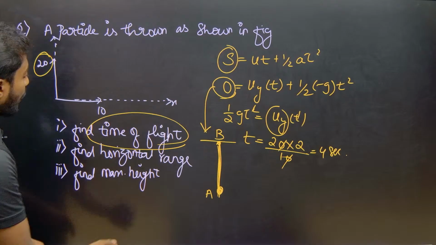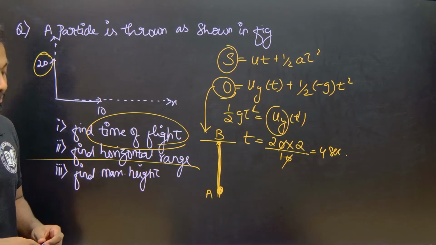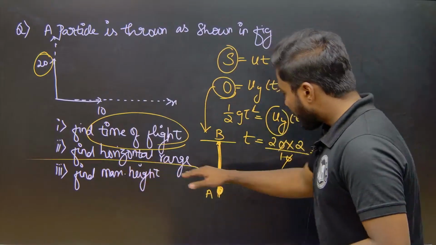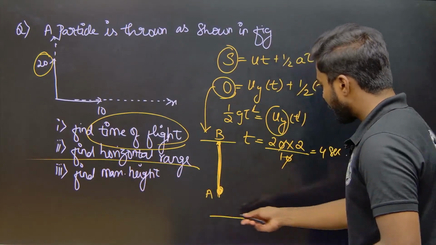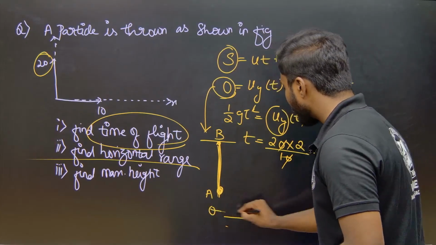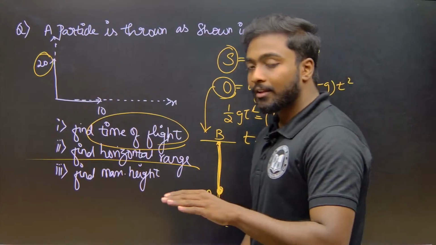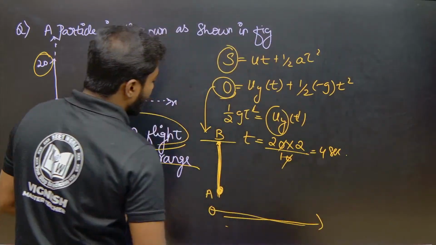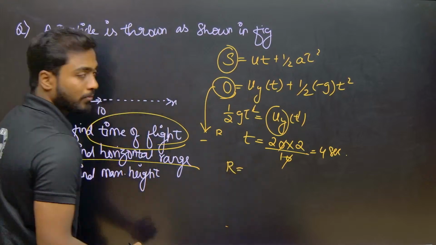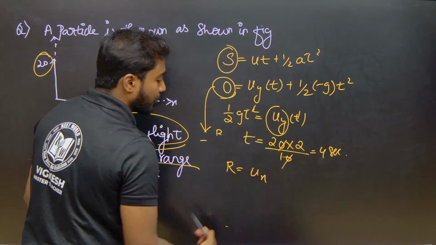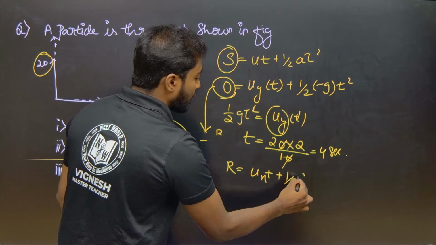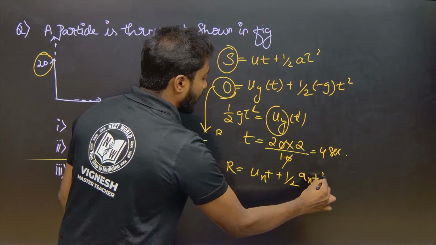Now what about the horizontal range? Range is nothing but, again, this is the range. In the x axis, an object is thrown, and in the x axis I will say it is the range. So what I can do? R is equal to ux t plus half ax t square.